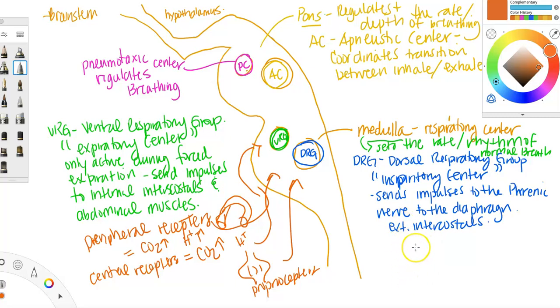Voluntary, so they're like voluntary control centers in the cortex.